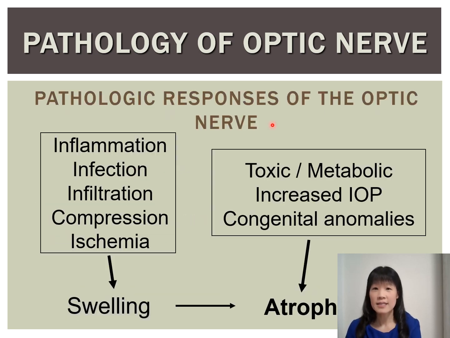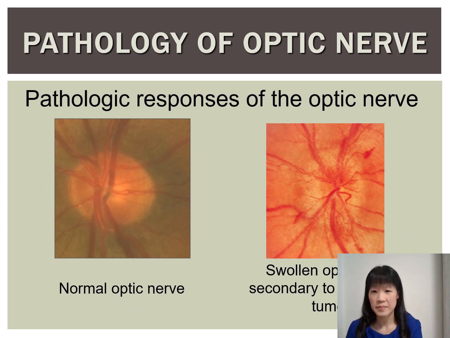Now, we also know that the optic nerve not only has disc edema swelling, but it can have atrophy. And it's important to realize that different disease etiologies tend to preferentially cause different optic nerve reactions. So, for example, inflammation, infection, tumor infiltration, tumor compression, or ischemia more likely causes disc edema initially, or swelling, and that toxic metabolic causes increased eye pressure with glaucoma, and congenital anomalies usually cause pallor or atrophy.